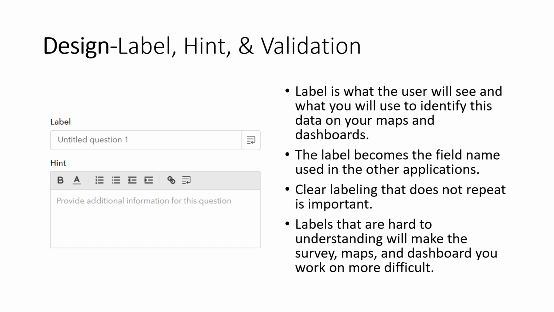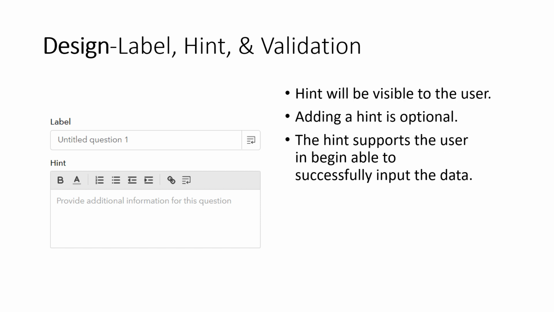So pH of water, pH of juice, pH of the lake, pH of the water fountain. Depending on how your lab is set up or your activity, be specific. Labels that are hard to understand will make your future maps, dashboards, and other surveys very difficult to work with. So be very clear about that.